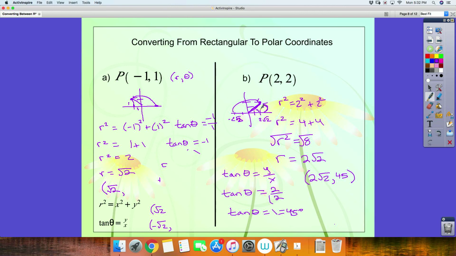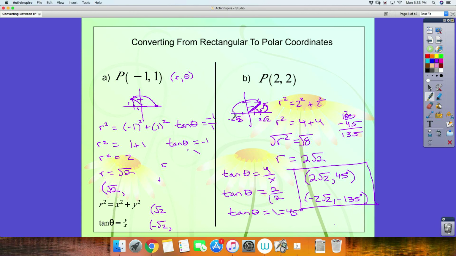Now, if this is 45, we have to do negative 2 root 2, and we do 180 minus 45, and that gives us negative 135 degrees. So again, there are 2 answers. We could start at 2 root 2 and go the correct way, counterclockwise, 45 degrees to get to our point.